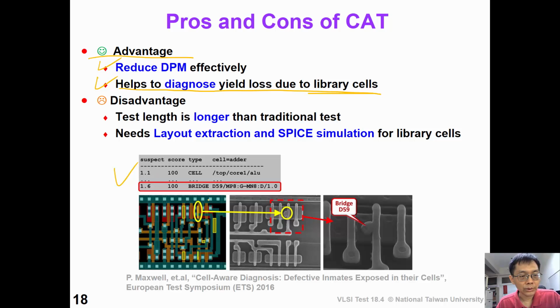Suppose we diagnose this cell-aware test failure. We can pinpoint it to a certain library cell that can help us to improve the yield. However, the disadvantage of cell-aware test is that the test length is longer than traditional tests, and we also need layout extraction and SPICE simulation for many library cells.